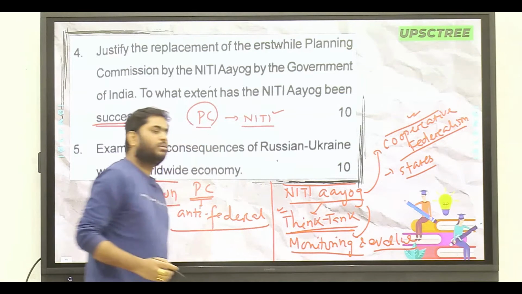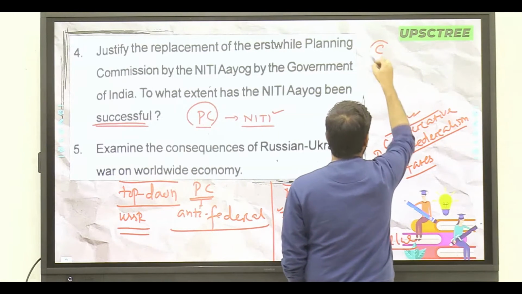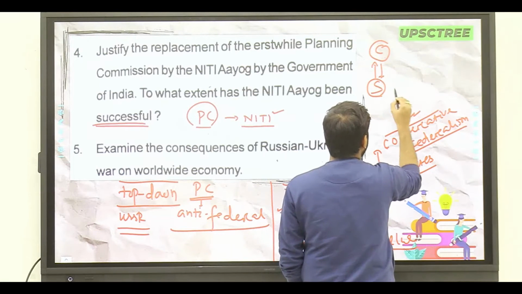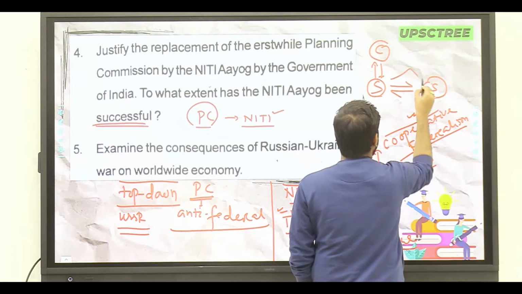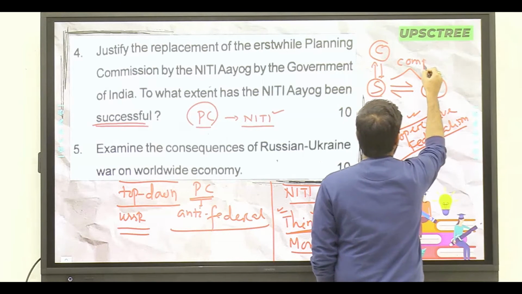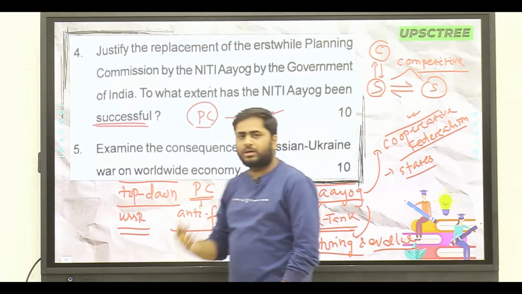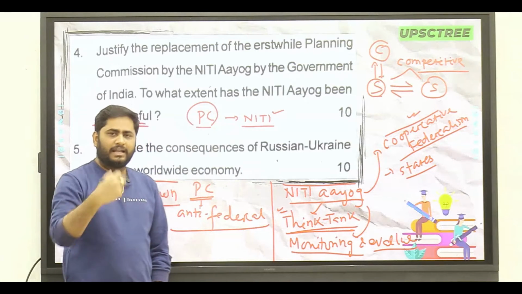Between the center and the state, we can see cooperative federalism. Between states, we can see a spirit of competitive federalism. That means Niti Aayog is coming up with a lot of rankings, and in that ranking every state is ranked against other states.